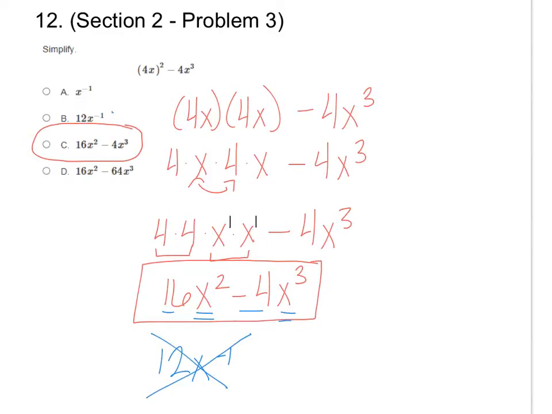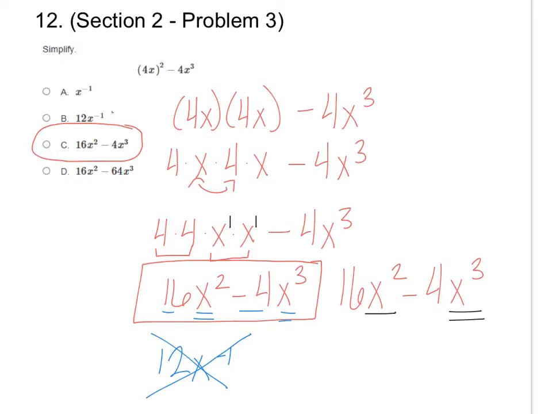And the reason you cannot do that is because these two terms are not like terms. So again, if I take my final answer, which is 16x squared minus 4x to the third power, that's where you would stop. The reason that you cannot continue is because this is an x squared term and this is an x cubed term. So those are not like terms.